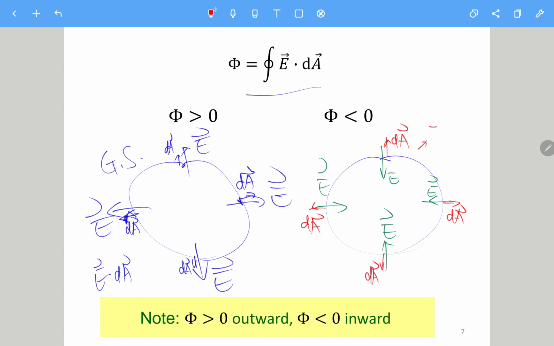In that case, E dot dA should be a negative scalar. After the dot product, it is a scalar. For a cross product, the output is still a vector, but for an inner product, it is a scalar. Okay, any questions?